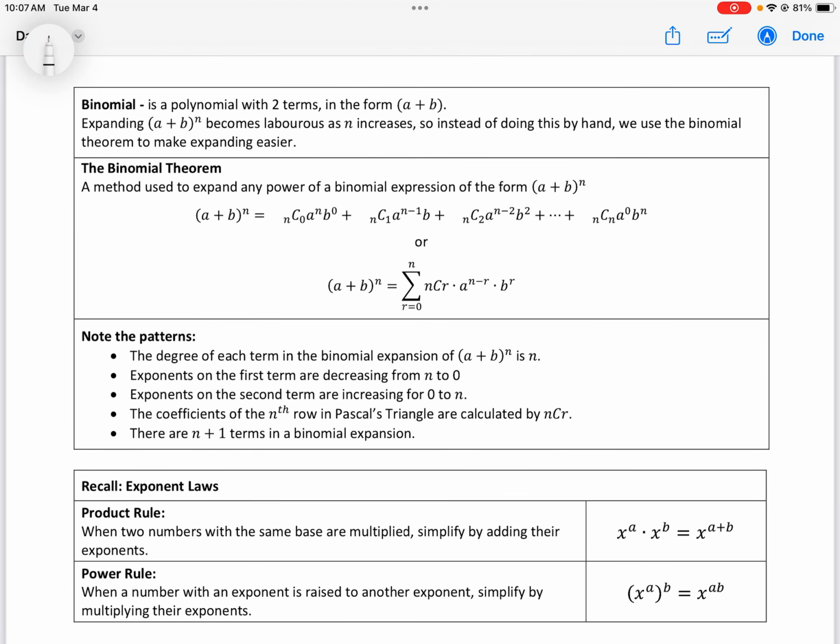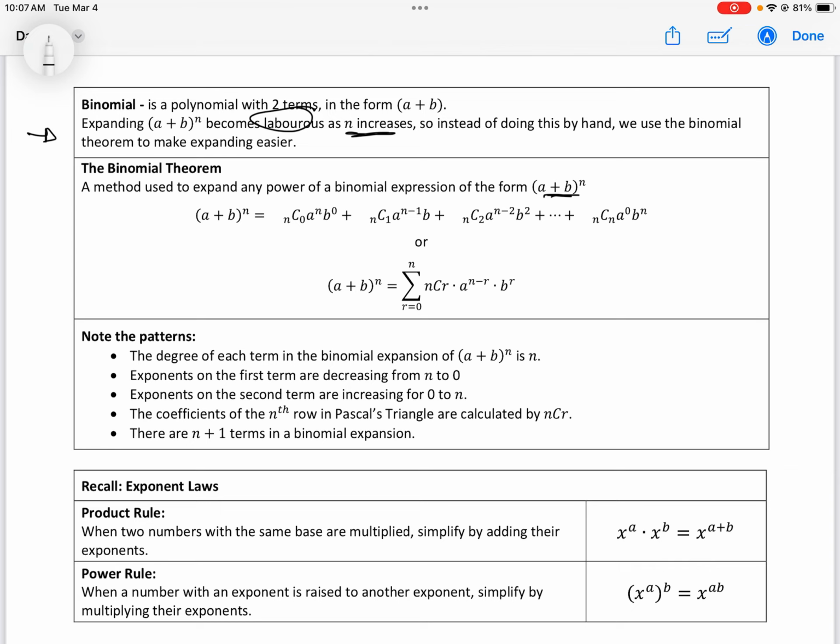When we expand (a + b) to the n, it becomes laborious as n increases. So let's learn what the binomial theorem is to make expanding easier, the method used to expand any power of a binomial expression in this form.